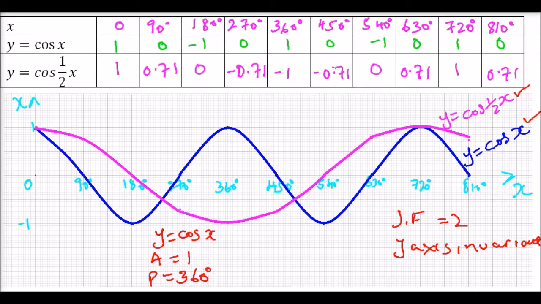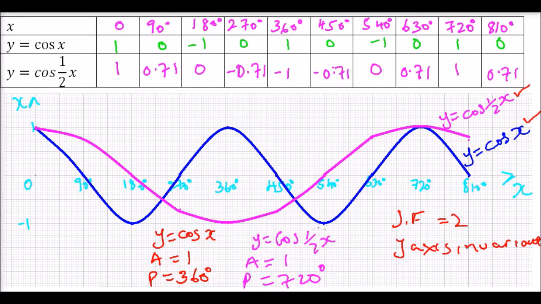For the other one, y equals cos a half x, the amplitude is the same, that is 1, but the period changes to 720 to make a complete cycle. So we can make a conclusion that when we reduce the angle by a half, the period doubles.